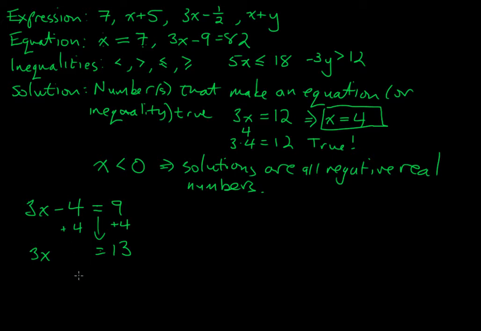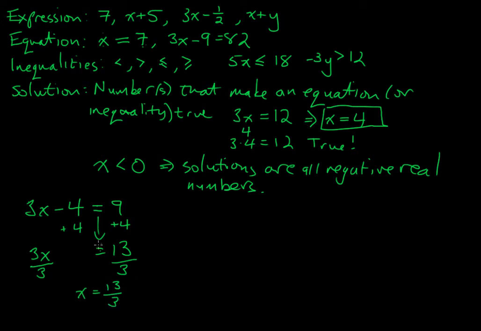Like, well, I know I can do this to both sides, or I know I can do a certain number of things to move from one equation to the next. And the goal is to get your equation to a simpler form so that you can just read off the answer, read off the solution. So 3x equals 13 has the same solution as 3x minus 4 equals 9. Well, what would that be? Well, I could divide both sides by 3 or multiply by 1/3, either way, and you get x equals 13 thirds.